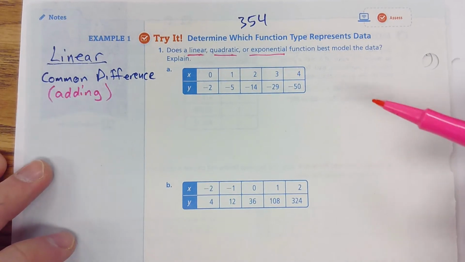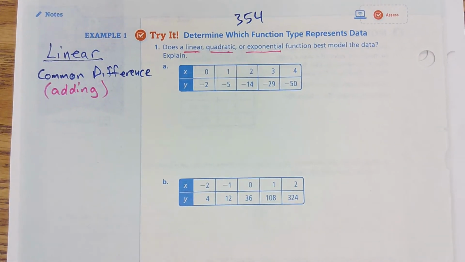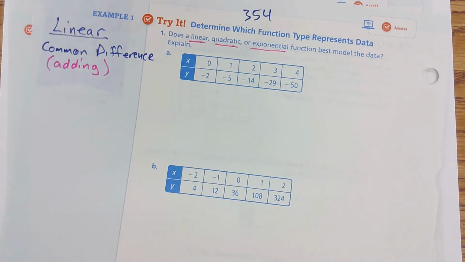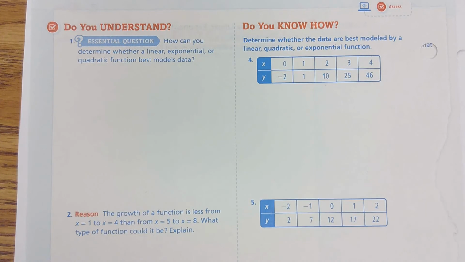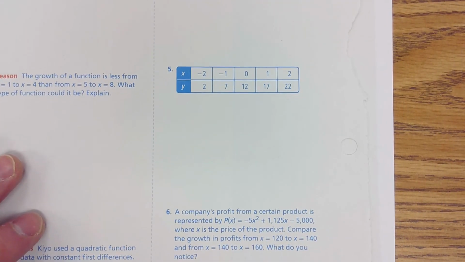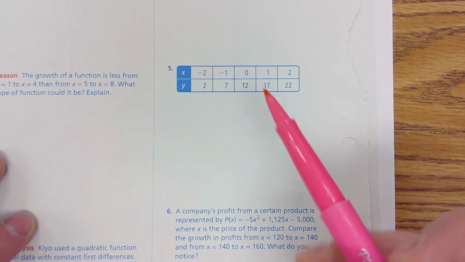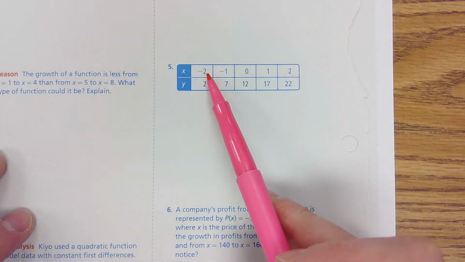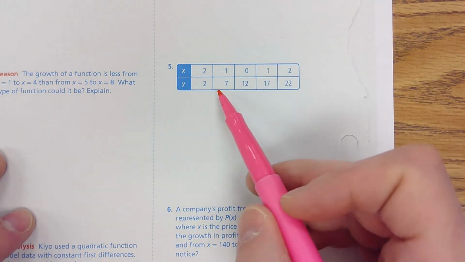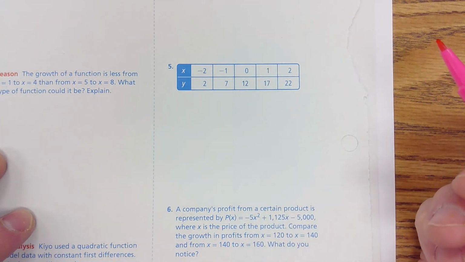And we're looking at these in tables on this page, so I want to start looking at a linear table. So if you will, flip to page 356, and I want to look at question number 5. Question number 5 is a table. We notice on all of these the x is increasing by 1 at each step, and we need to look at how the y value is changing.